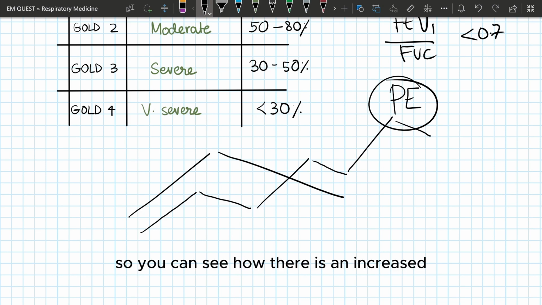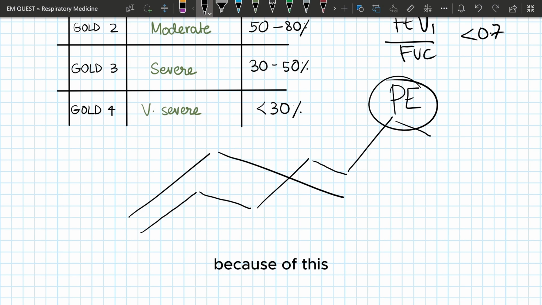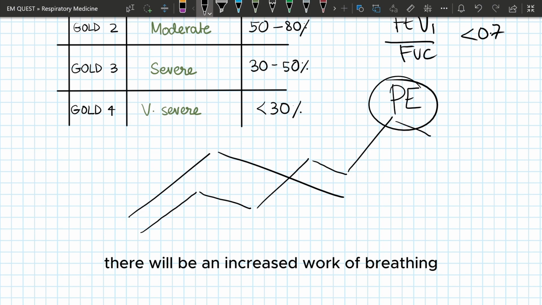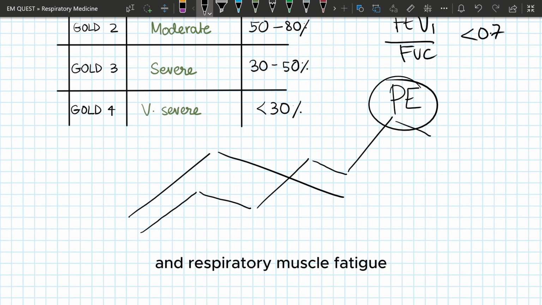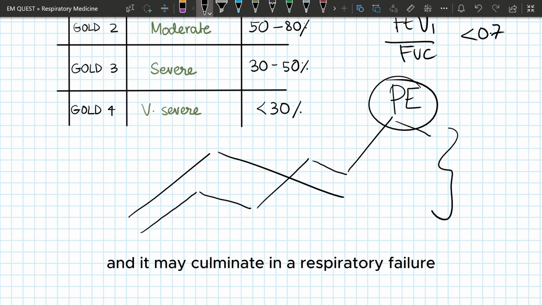So you can see how there is increased air trapping and over distension in the alveoli. Because of this, there will be increased work of breathing, increased dead space ventilation, and respiratory muscle fatigue. All this air that is accumulating will cause hypercapnia, and it may culminate in respiratory failure.